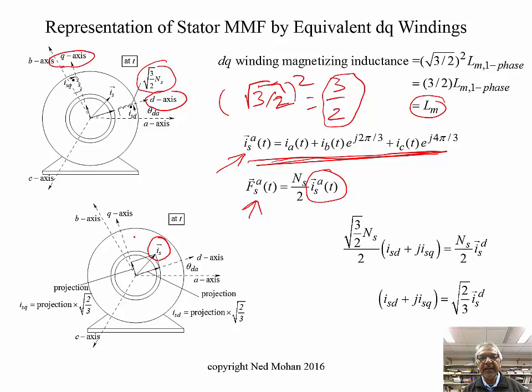But now we would like to get the same MMF that this current space vector is producing by I sub sD and I sub sQ. So that's what we are doing here.